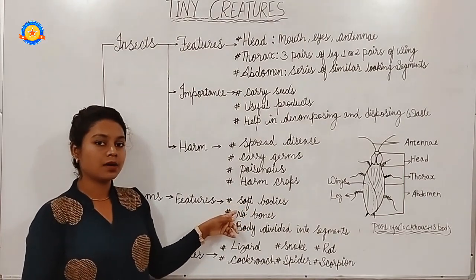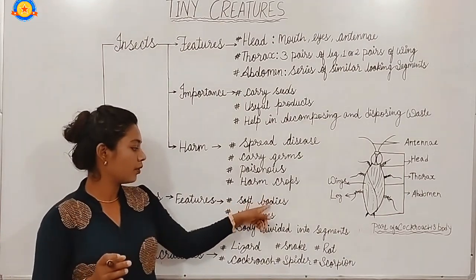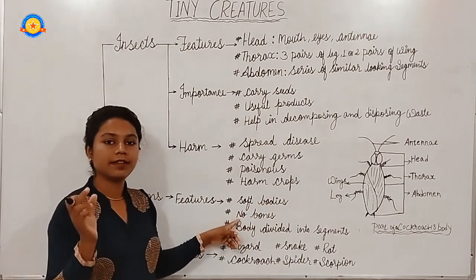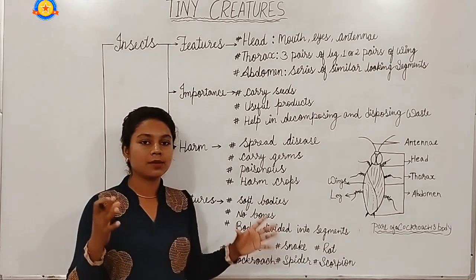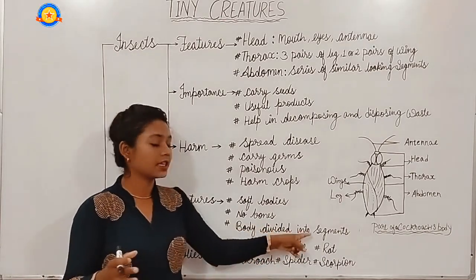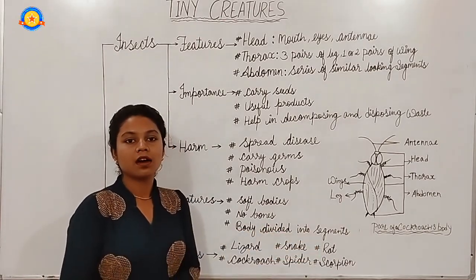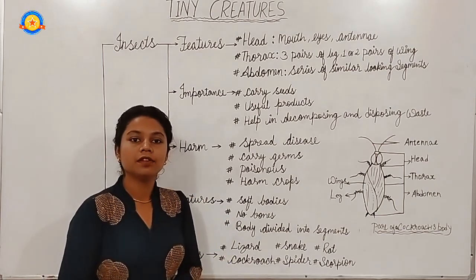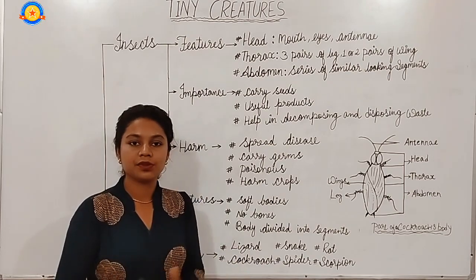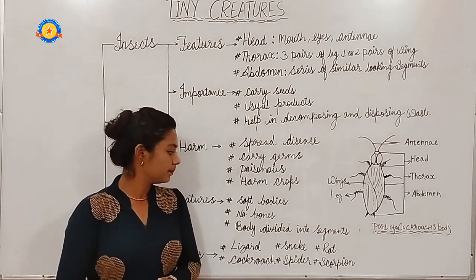See, these worms have very soft bodies, and they do not have any bones in them, and their body is divided into segments. So these segments, each segment gives a pair of legs which help them to move.